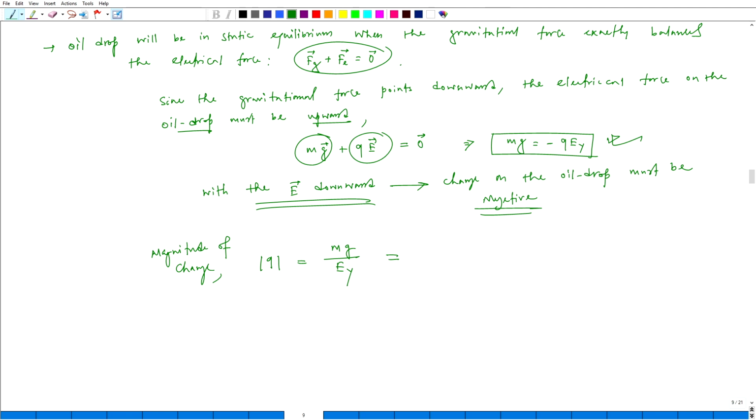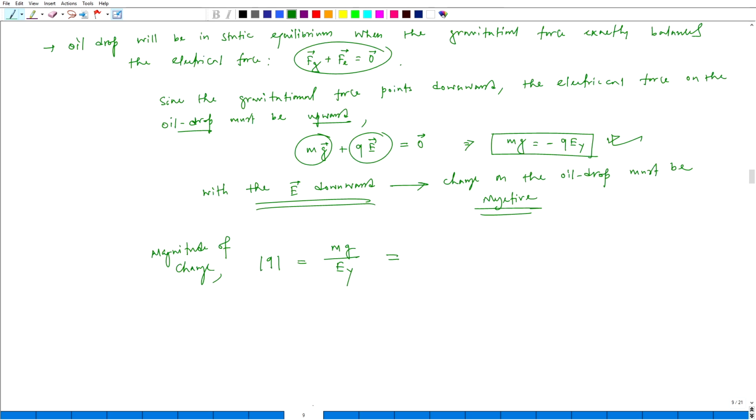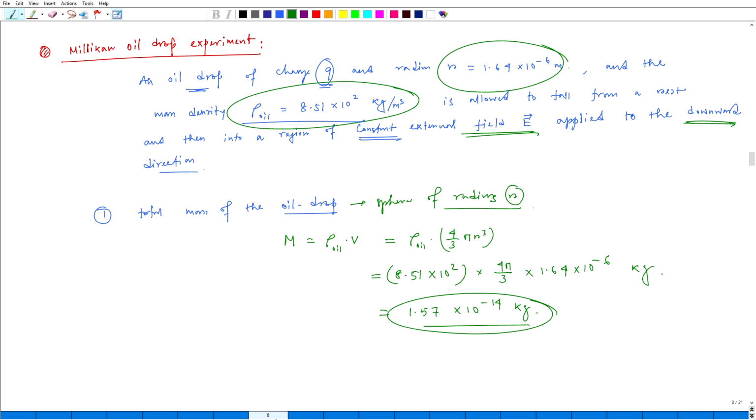The mass m, the capital M, is the mass of the oil drop we just calculated: 1.57 times 10 to the power minus 14, times g, which is 9.8 in SI units, divided by E y, the value of the electric field, which is given as 1.92 times 10 to the power 5 newton per coulomb.